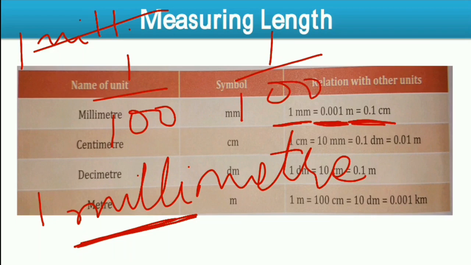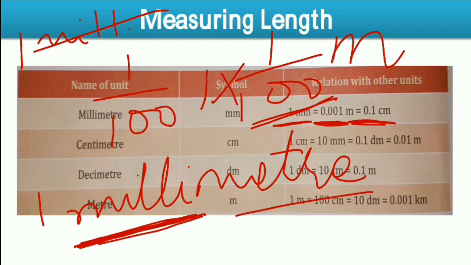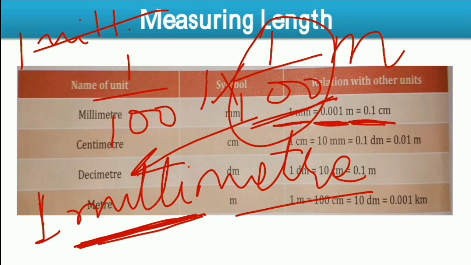For 1 by 1000 meter, in place of 1 by 1000 we'll write milli. And how many 1 by 1000? 1 only, so we'll add that. If it is 2 by 1000, it means 2 into 1 by 1000, then 2 milli. So for this one, the prefix has been fixed, and that is milli. Got it?